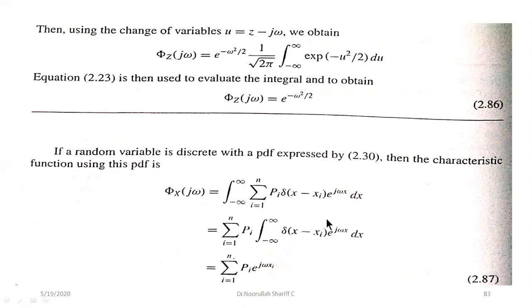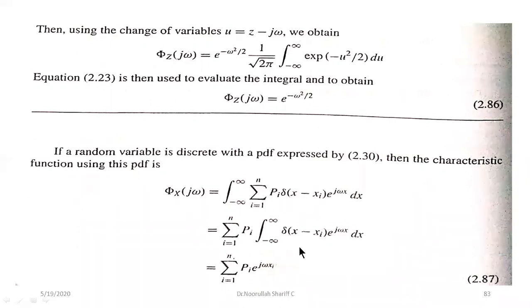If you do that, the integration of this turns out to be just e to the power of j omega xi, with pi remaining as it is.